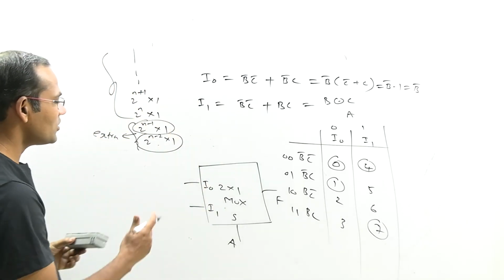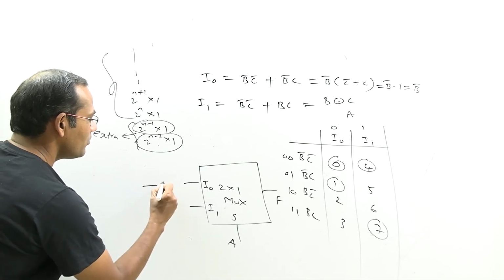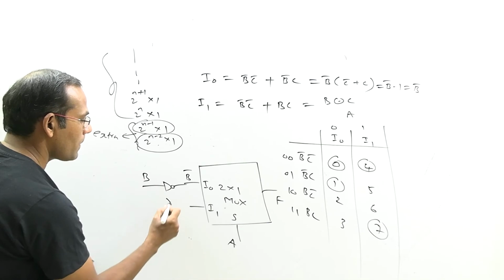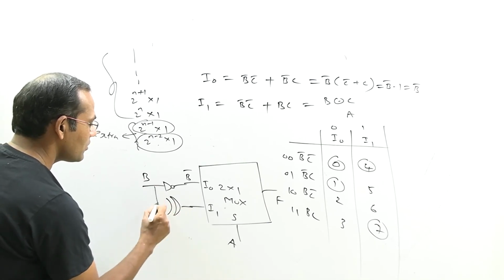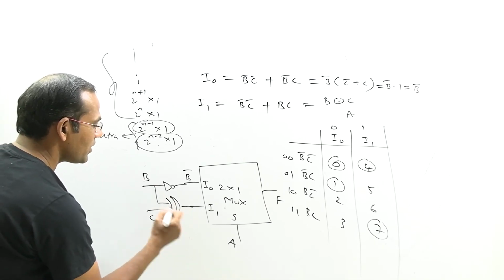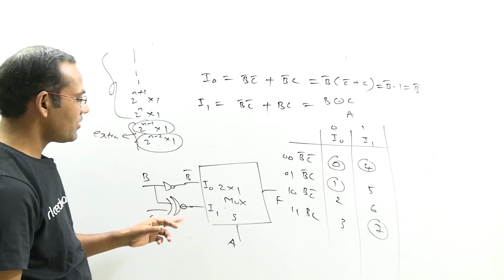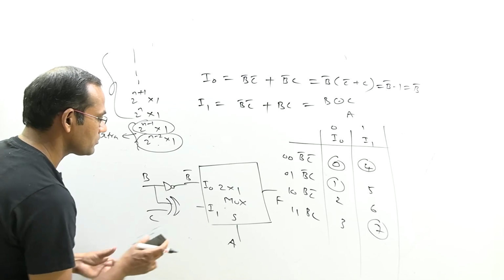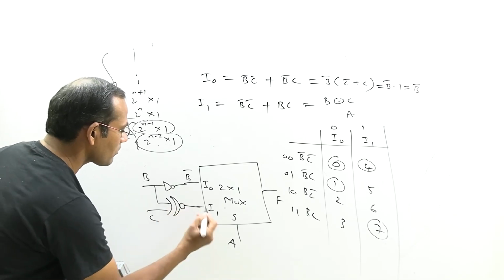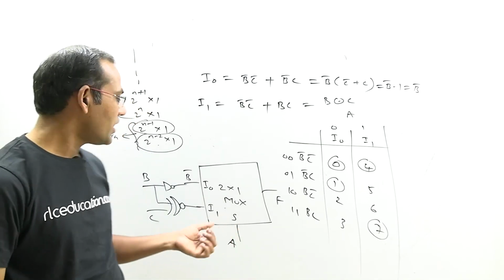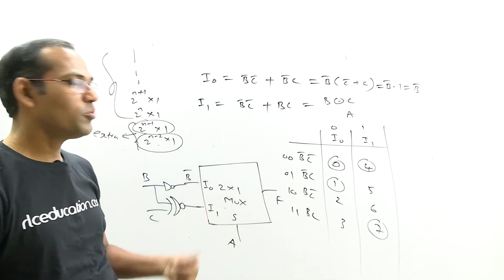Connect accordingly. So here B bar should be applied. Here XNOR of BC should be applied. This is the symbol for XNOR. Like this we can design by using 2x1 mux.